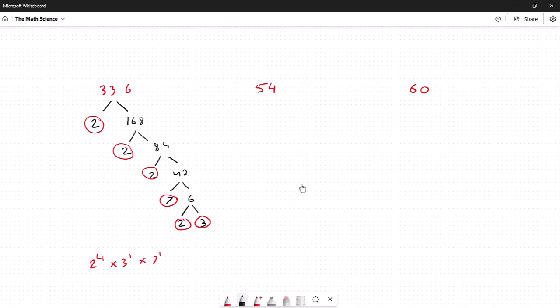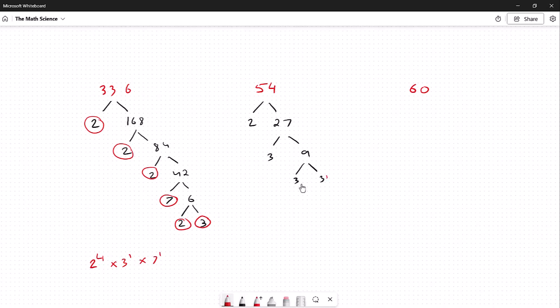Now let's find the prime factors of 54. So we can divide it by 2 because it's ending in an even number. So 54 just becomes 2 times 27, and then 27 we can further say this is 3 times 9, and then 9 is just 3 times 3.